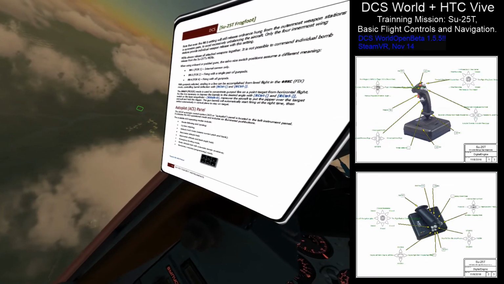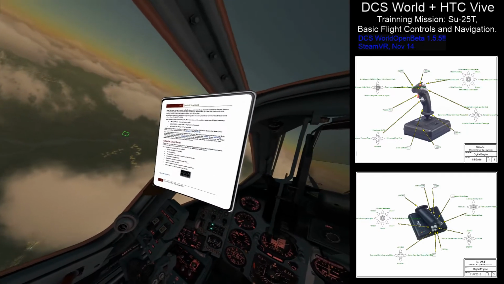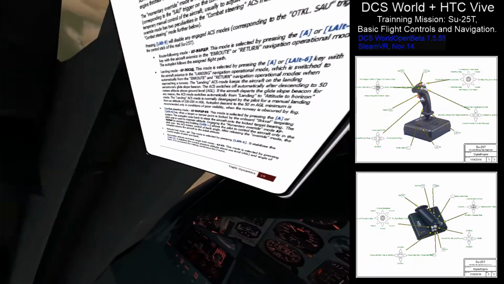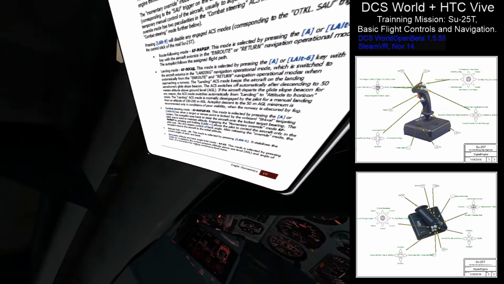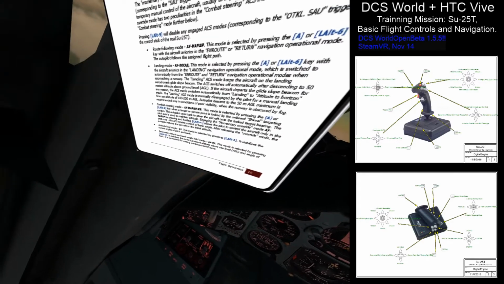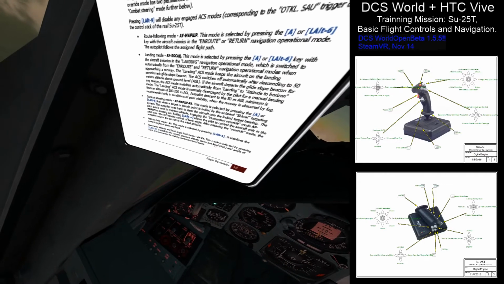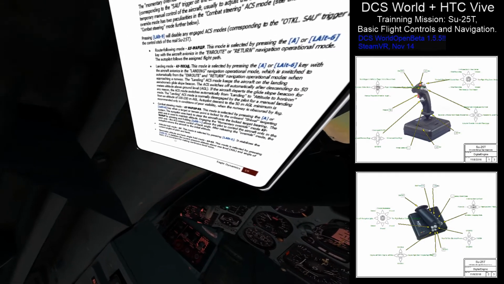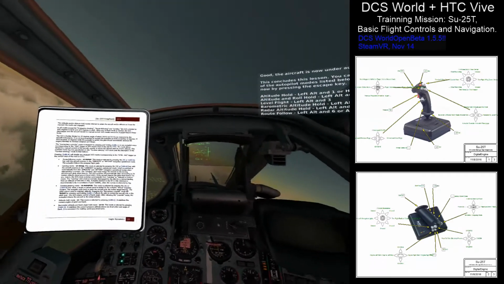Barometric altitude and bank angle hold. Right there. Go to the next page. Barometric altitude, bank angle hold mode. It stabilizes the current pressure altitude above sea level, and that's important, above sea level, and angle of bank. It is convenient for making continuous level turns.